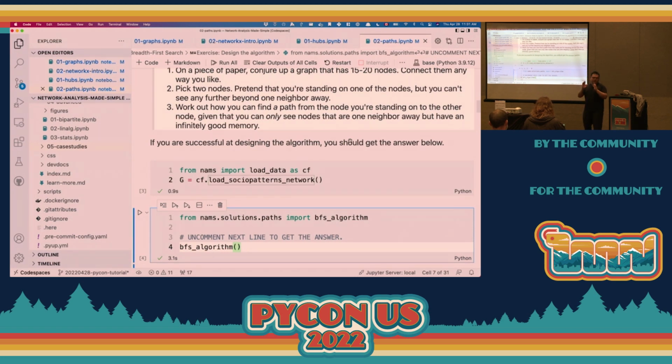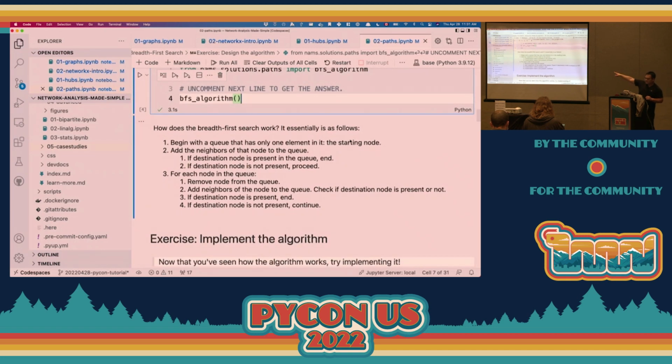Okay, so I'm going to leave you all with what I believe is the one correct answer for BFS, or one of many permutations of letters that would give you the same BFS algorithm, right? As I mentioned, it took me a few tries to get it right. I'm going to leave this as something that you can take home and try to re-implement for yourself if you've never done it before.